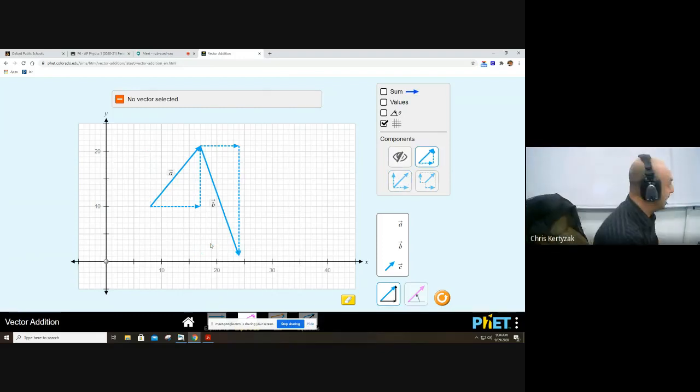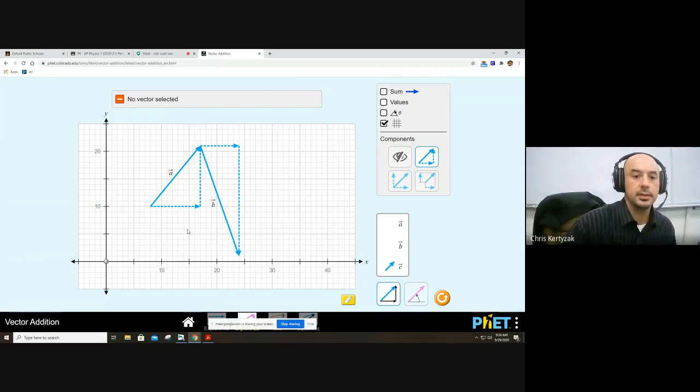A has two positive components, AX and AY. Trip B, heading in the southeasterly direction, has a positive X, yet a long Y component in the negative direction.